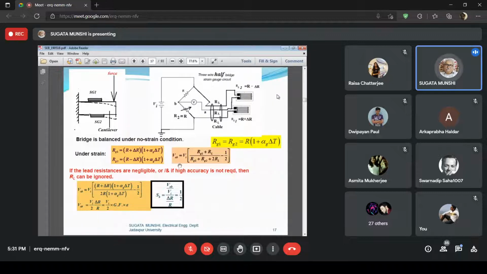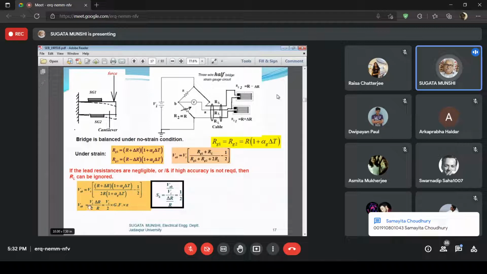But if RL is not large, or if you are not concerned with highest accuracy of measurement, then if you ignore RL, you find that what appears here is R plus delta R in the numerator times 1 plus alpha G into delta T. In the denominator, there is 2R into 1 plus alpha G into delta T. So that temperature term cancels out in the numerator and denominator.